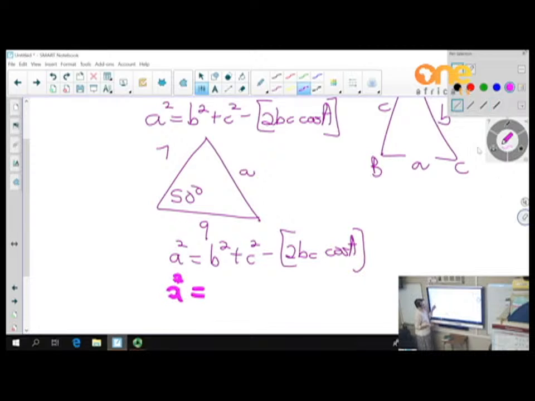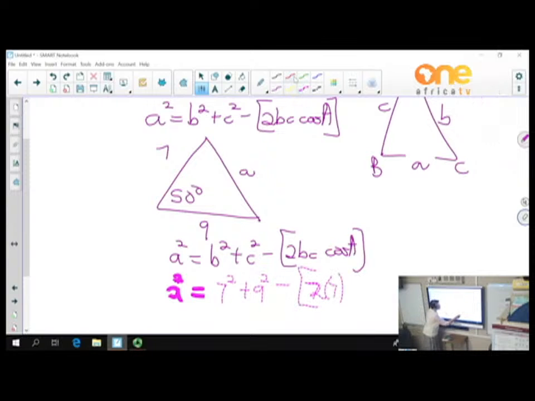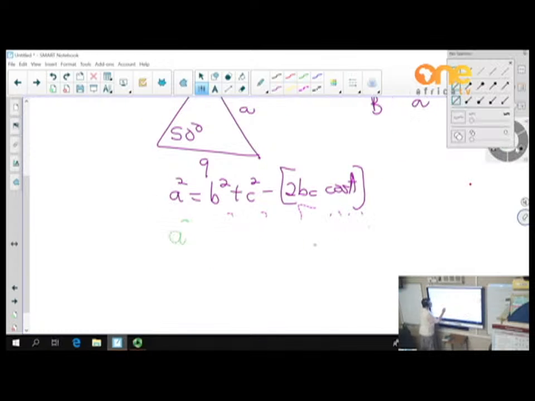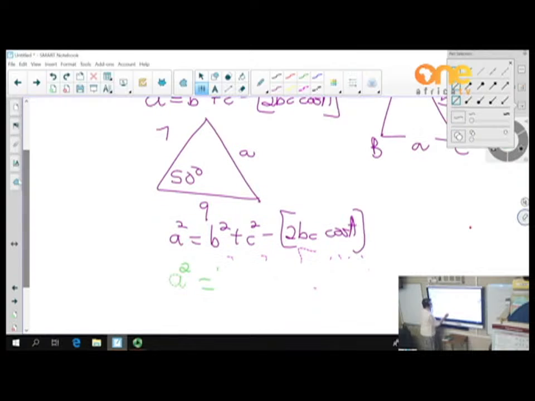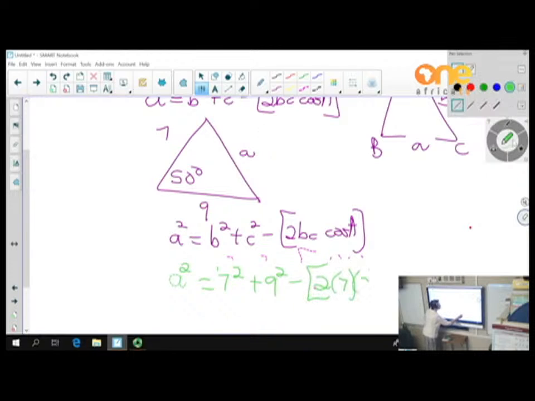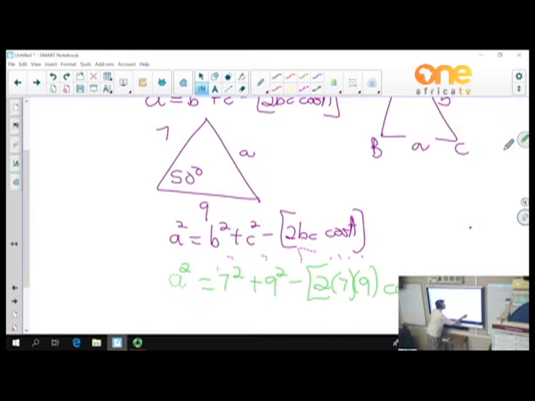So a squared is equal to 7 squared plus 9 squared minus, in brackets, 2 times 7 times 9 cosine 50 degrees. All that I've done in my first step is to substitute all those values in there.